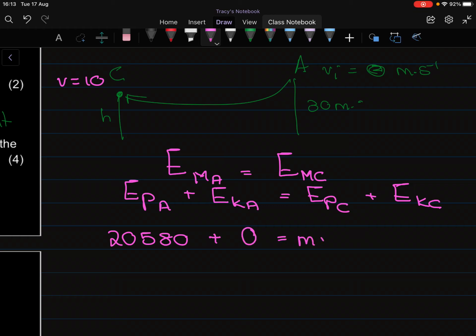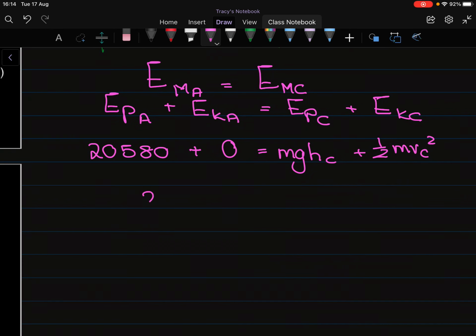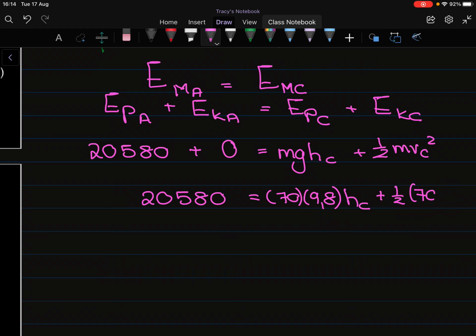Potential energy at C. I'm just writing this out like this. I'm not doing the straight substitution, so you can see where I get the information from. So this is 20,580. He's 70, 9,8, and I want h at C. Again, 70.